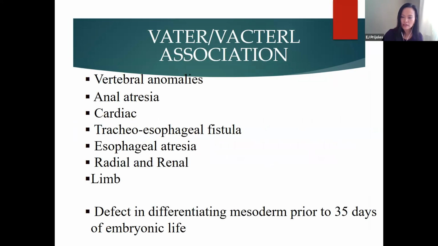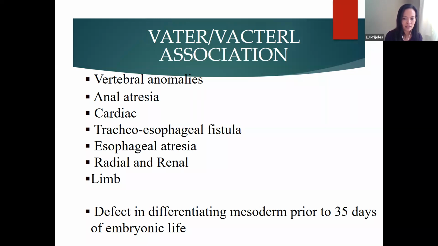So one of these examples is VACTERL or VATER association, and we all know that this is an acronym for vertebral anomalies, anal atresia, cardiac anomalies, tracheoesophageal fistula, esophageal atresia, radial and renal defects, as well as limb defects.